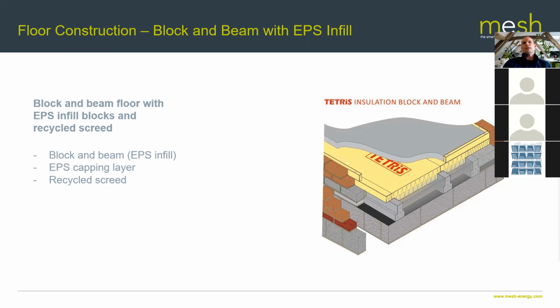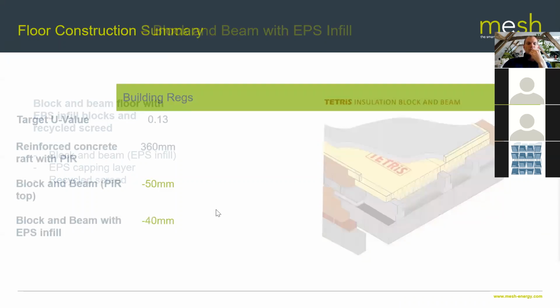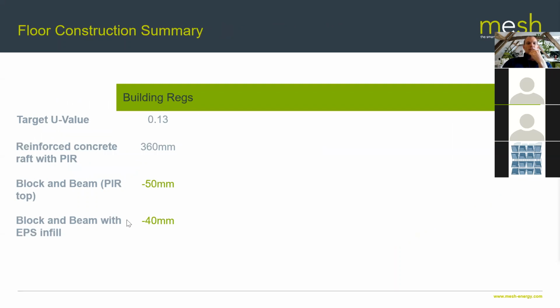Floors are really tricky, more tricky than any of the other elements, because the amount of load that these things have got to take and the role that they play is fundamentally different from the walls and the roofs in some cases. There's a lot of load bearing materials that have to go in the floors, and it creates its own challenges. So again, if we look at building regulations here, we've got 0.13, say, for the floors.